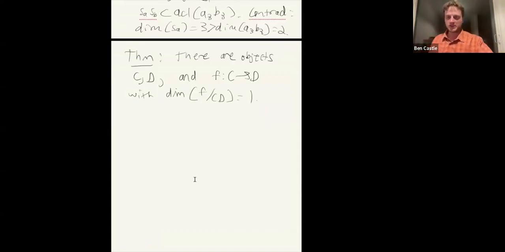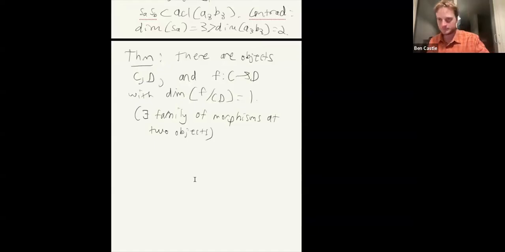This means there exists an infinite family of morphisms at a point. So at two objects. Okay, that's what we want.